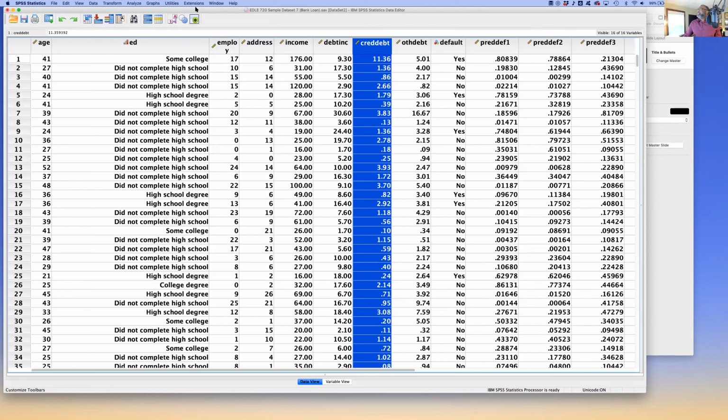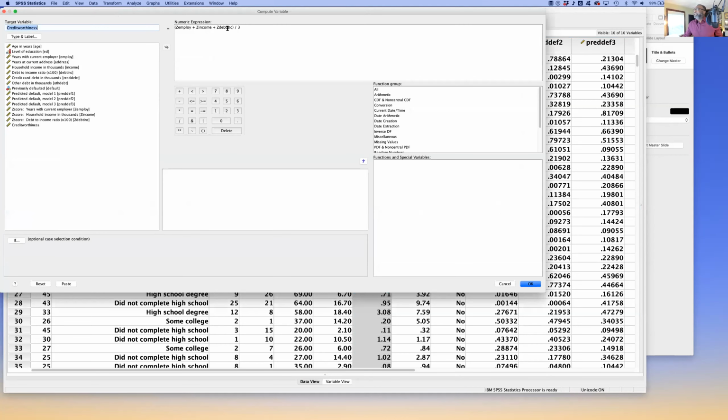All right. So let's go back to transform. Let's go to compute variable. Let's highlight this in the plus sign and take that out. And let's put a parentheses here, and let's put 2. Obviously, we have 2 variables.